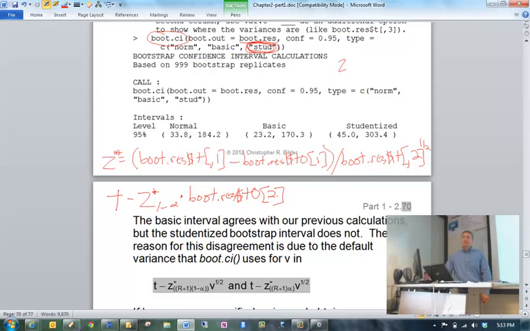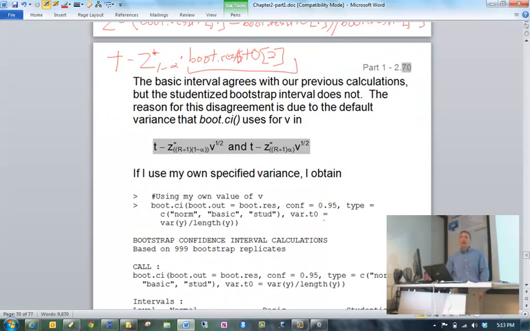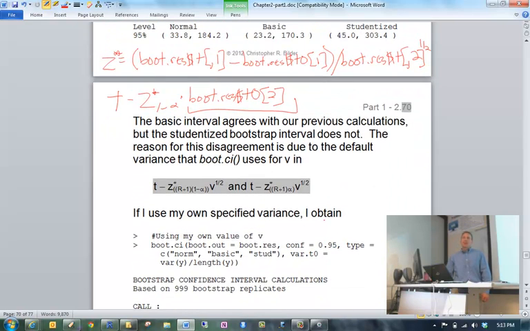That's why this interval is different from the one I calculated. Because remember what I did here? I instead used the unbiased estimator. It's using the biased estimator that came from the statistic itself. So it's a minor thing, but it can take a long time if you're not fully understanding what's being calculated. It can take you some time really to figure out why things are different.